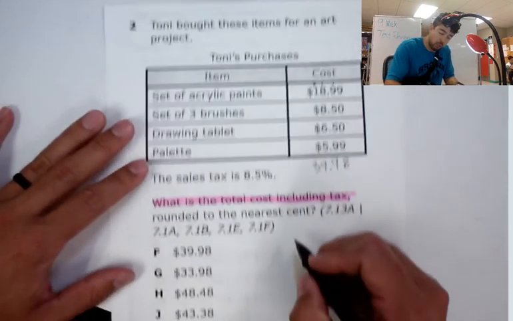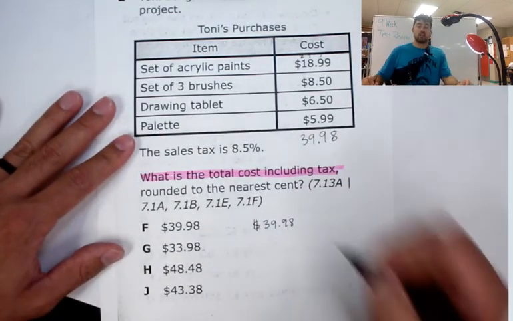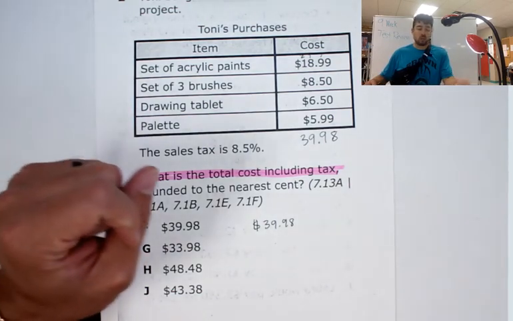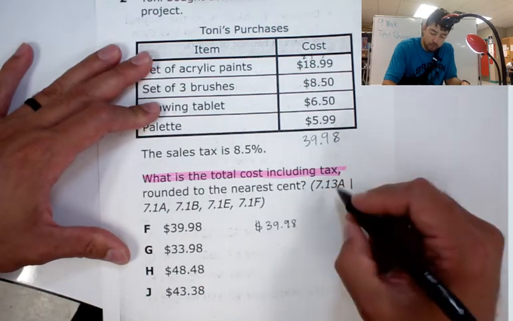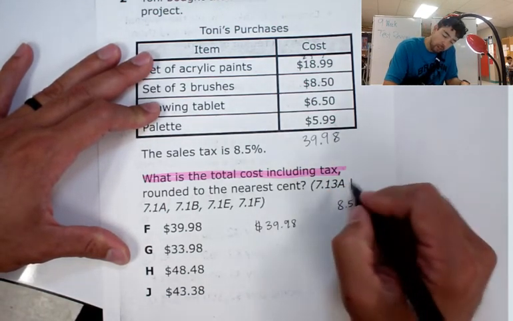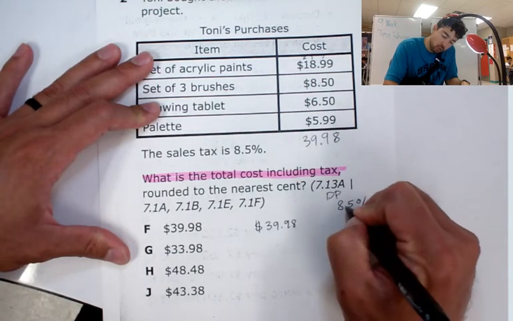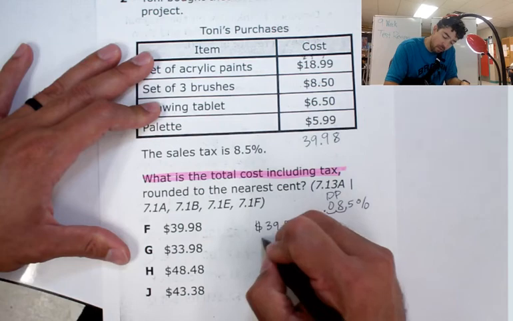So that's our subtotal. Now what do we need to do? We're going to have to multiply by the 8.5%. But before we can multiply 8.5%, what do we have to do to it? Dr. Pepper, convert it to a decimal. We're going to go 2 spaces to the left. That becomes 0.085.